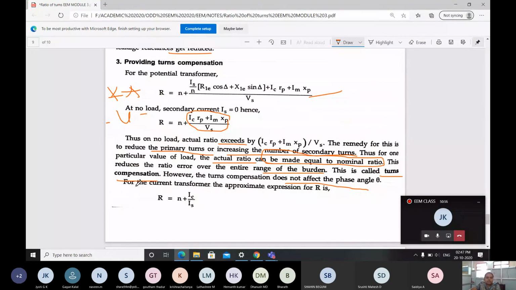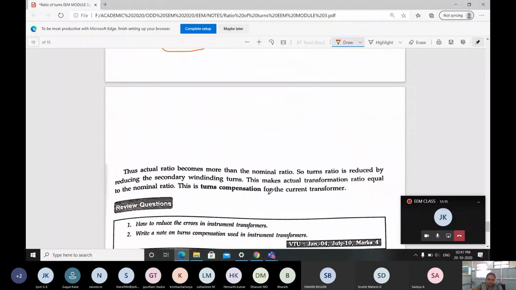Therefore, for the current transformers, the approximate expression for R is R equals N plus IC divided by IS. Remember this equation. This is about the turns compensation. Thus the actual ratio becomes more than the nominal ratio.